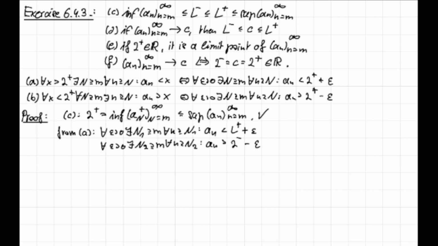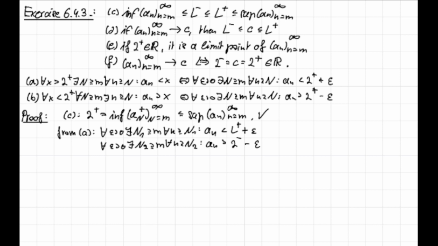And now we can see why the different form of proposition A and B is useful. We have L plus, L minus, and we have a_n in both cases. And now we can just put them together and form a useful inequality.